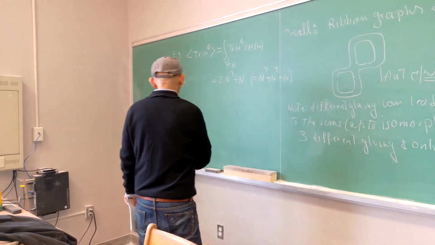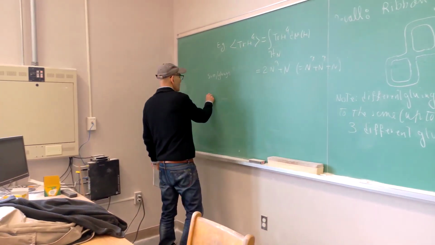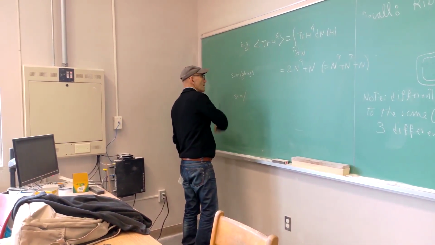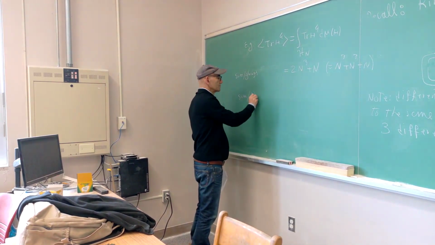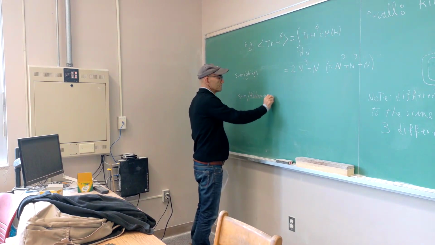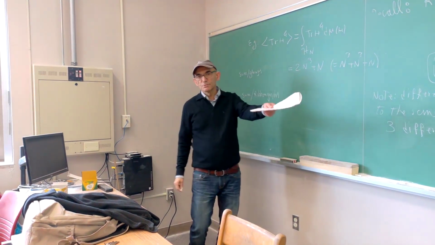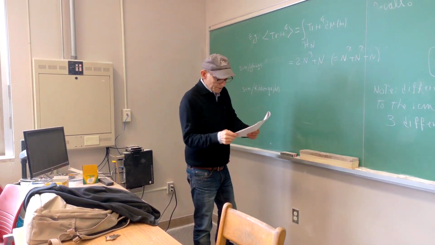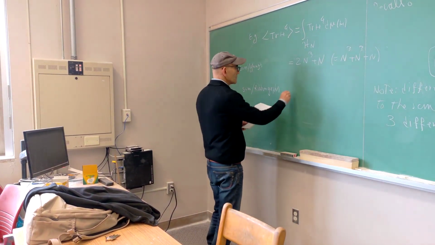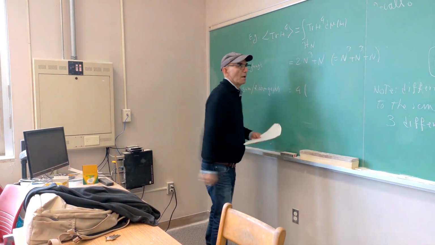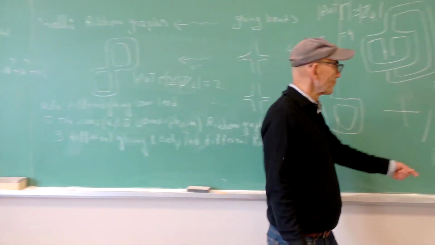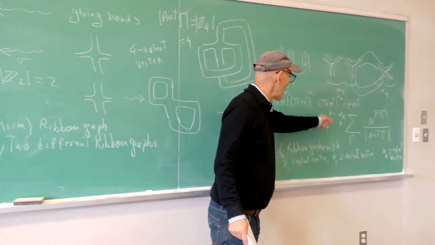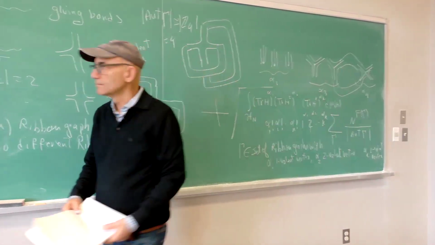So this formula then tells me that if I want to sum over ribbon graphs, I have only two terms to sum over. One term is 4 times, so this factor here, I get 2 to the power of 2, which is 4.